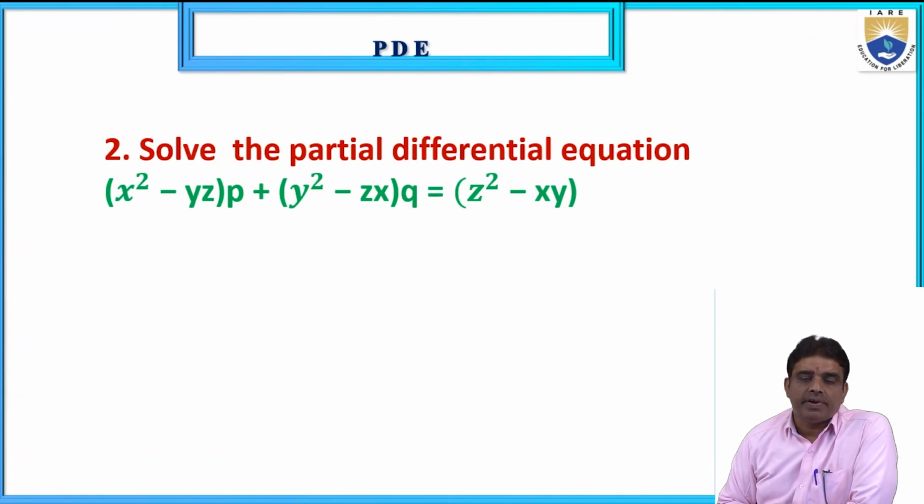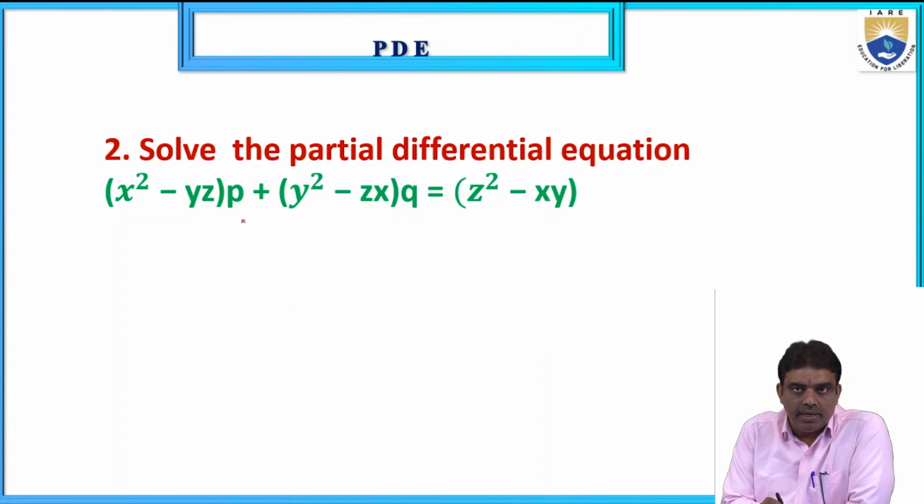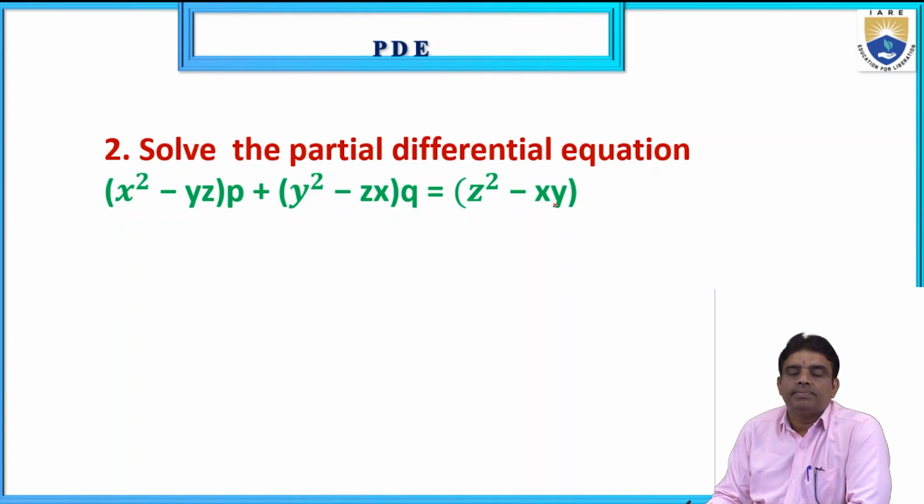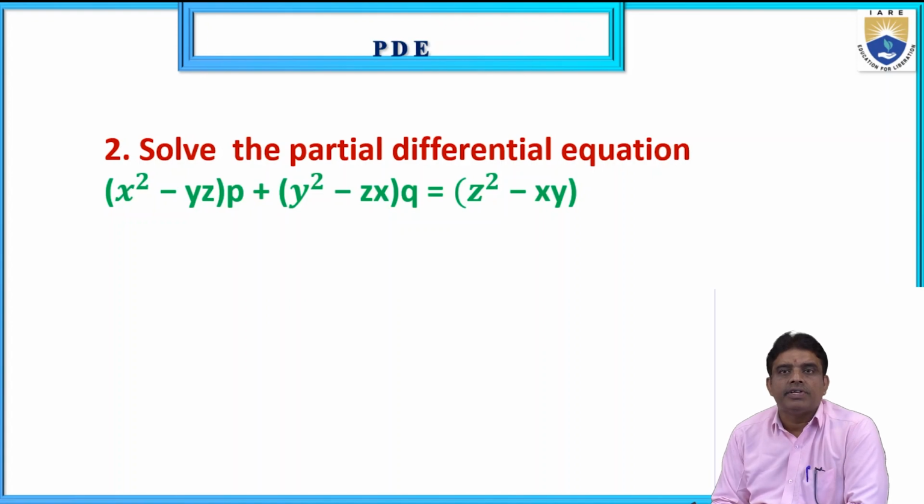Solve the partial differential equation (x² minus yz) p plus (y² minus zx) q is equal to z² minus xy. So first you have to observe whether the given equation is in the standard form of Lagrange's equation or not. What is the standard form of Lagrange's equation?